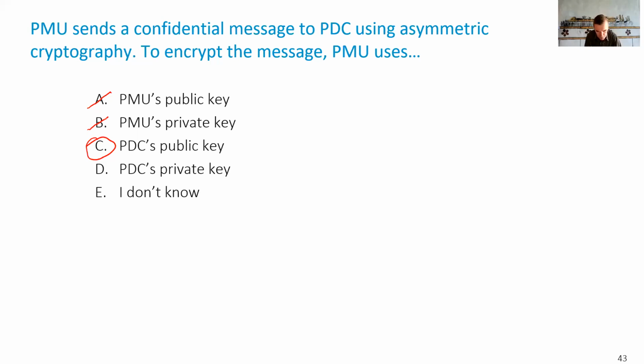And this I haven't mentioned, but encryption and decryption are symmetric. If you encrypt with one key, you can decrypt with the other. So if I send with my private key, then anybody can decrypt, and that's useless in the sense of confidentiality. So the correct answer is C. Same thing, D is not possible, because I don't know the PDC private key, of course.